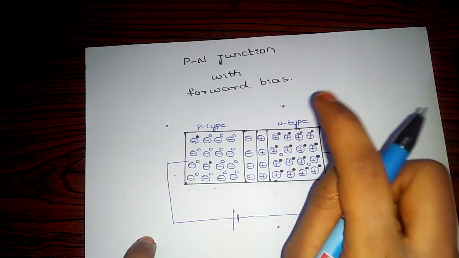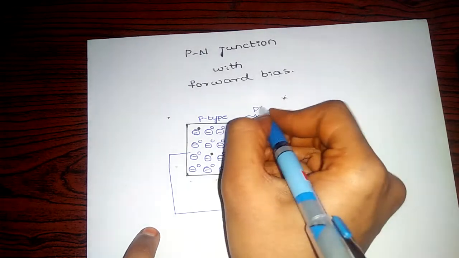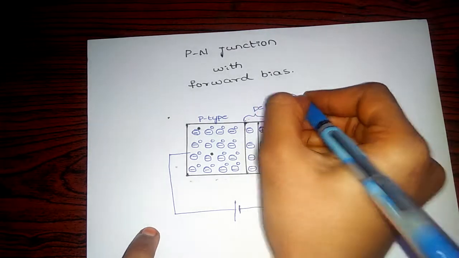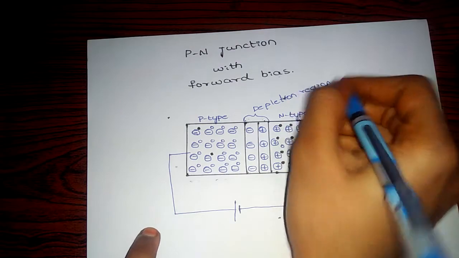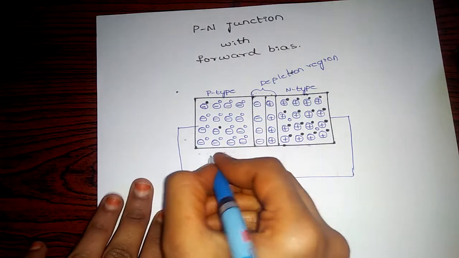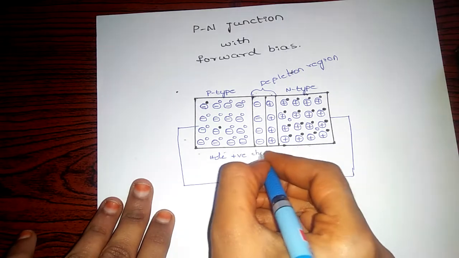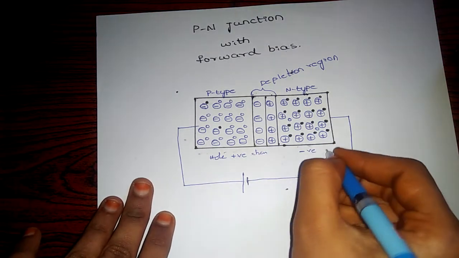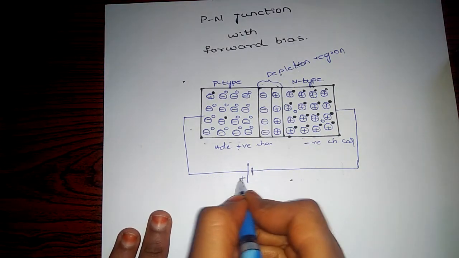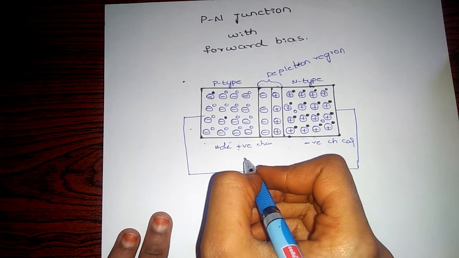So we know this is the depletion region, the PN junction. Whenever we are forward biased, on this side we have holes, meaning positive charge carriers, and here negative charge carriers. Positive and positive, whenever we have the same signs, they repel.